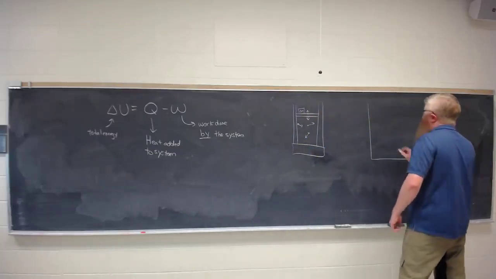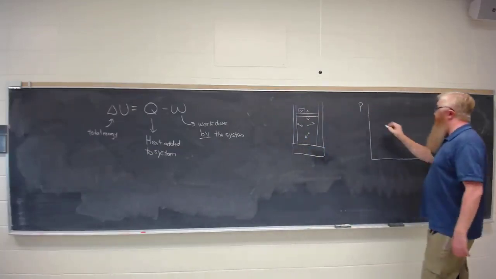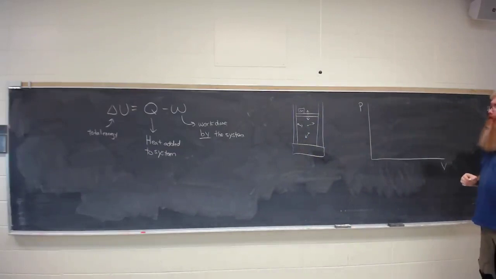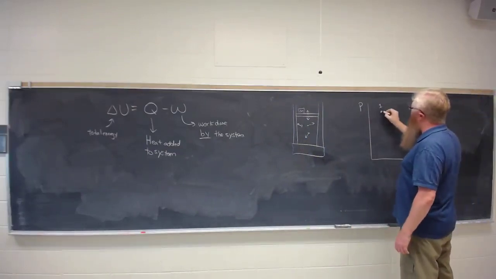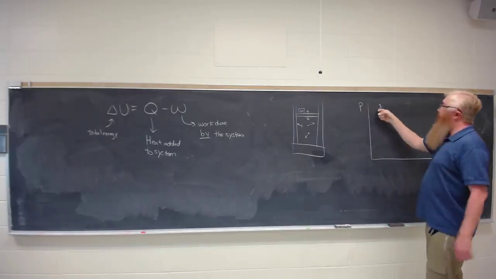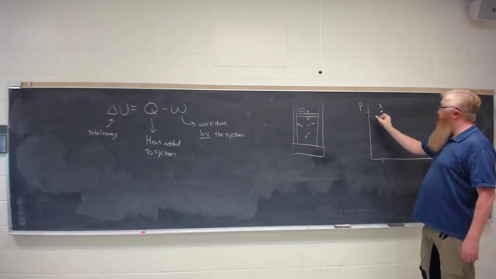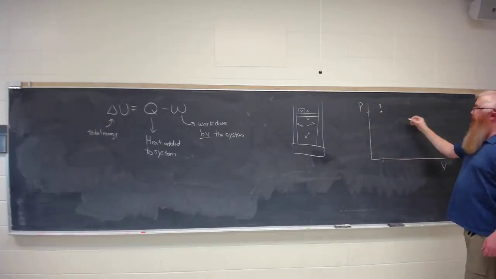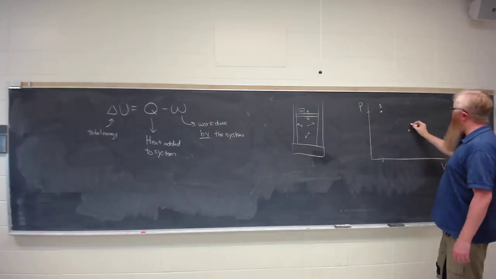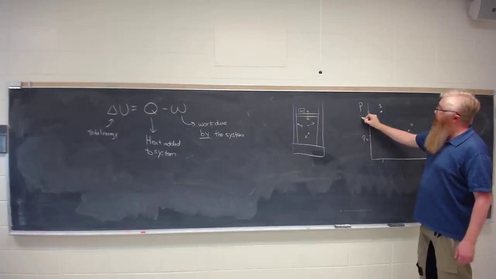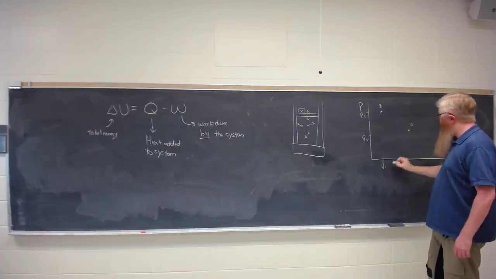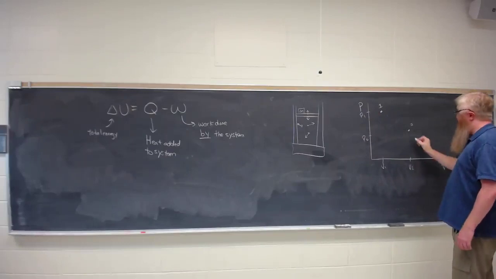So a PV diagram is a diagram of pressure versus volume. You can have some point, we'll call it point number 1, where the pressure is high, but the volume is low. And then we have, let's say, point 2, where the pressure is lower. Here's P2, P1, this is V1, here's V2.